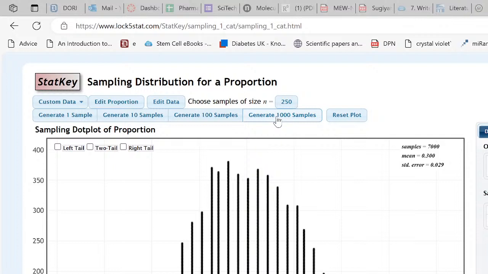Technically you're always sampling from a finite population, and there's something called the finite population correction factor. Ryan, that's where it comes in. I can show you later. That's when we deem it negligible. So we'll keep that in mind.